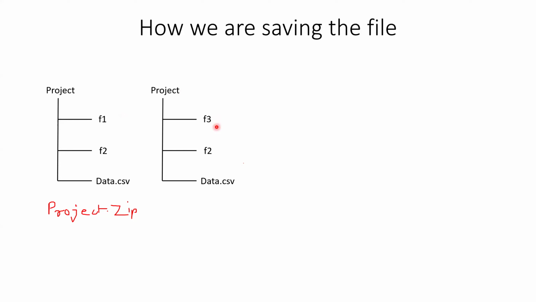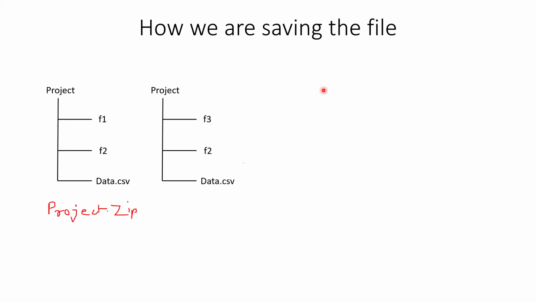So you have one copy of a project, then you change it and create another copy with some changes based on the feedback.